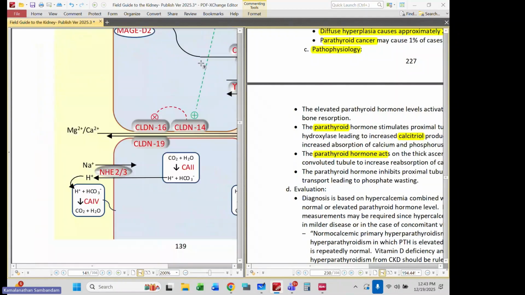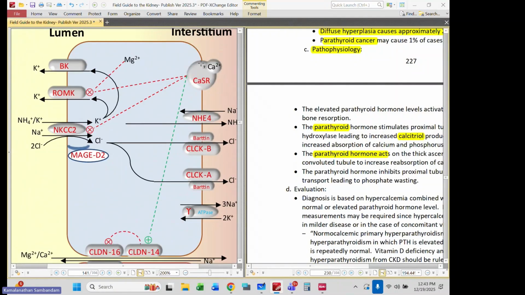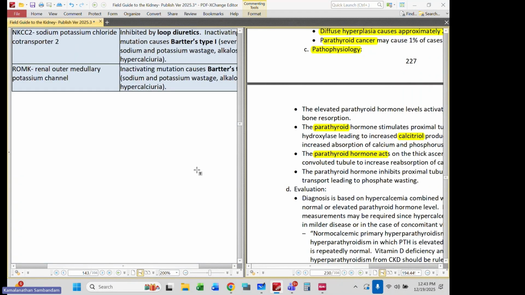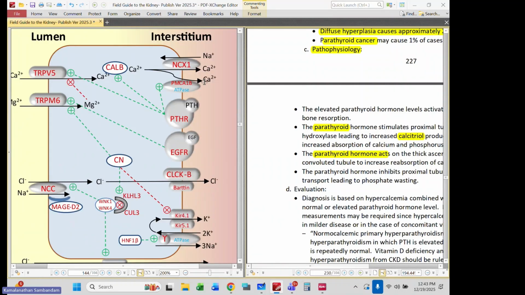Calcium sensing receptor is where we understand this biology best in the thick ascending limb. There's calcium sensing receptor throughout segments of the nephron, proximal, distal convoluted tubule, it's been described. But the thick ascending limb is where we understand the biology of the calcium sensing receptor the best. PTH is where we, or DCT is where we understand PTH effects the best.